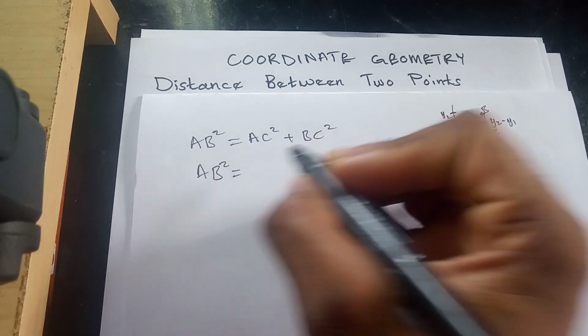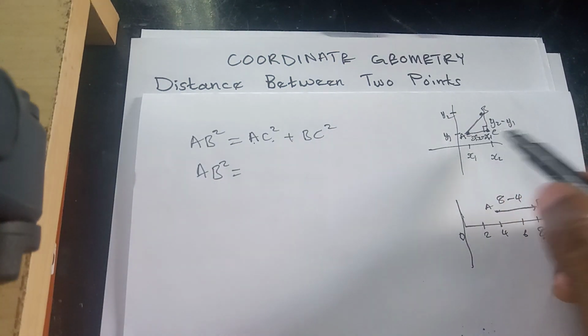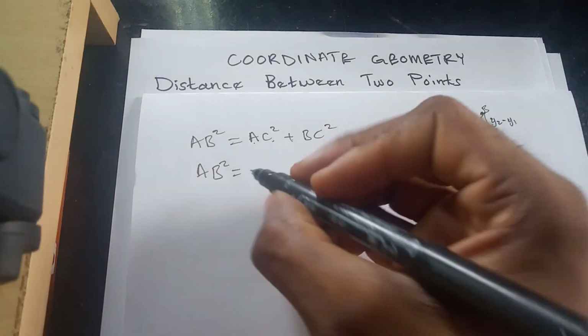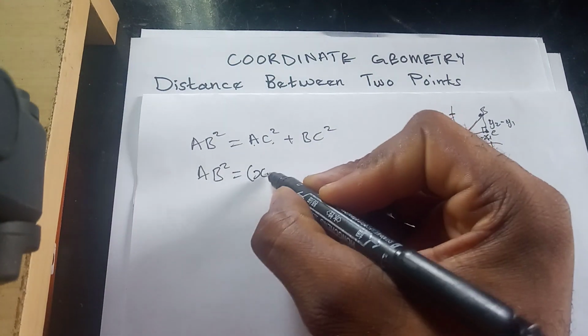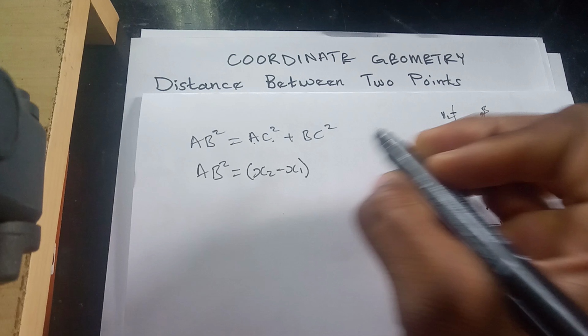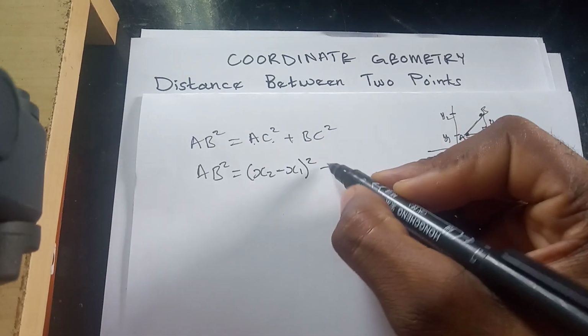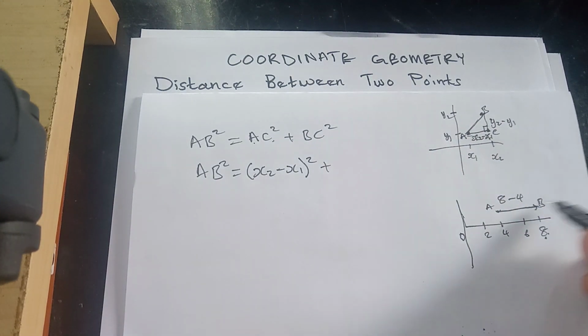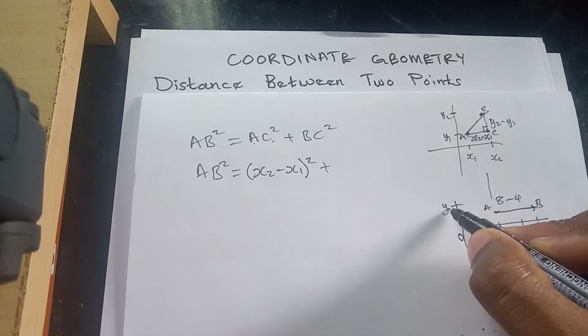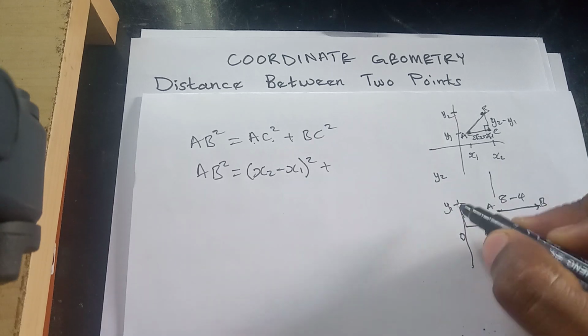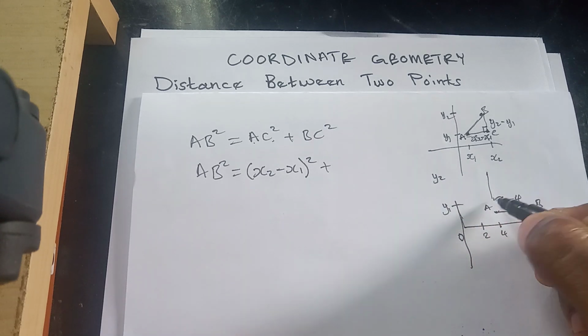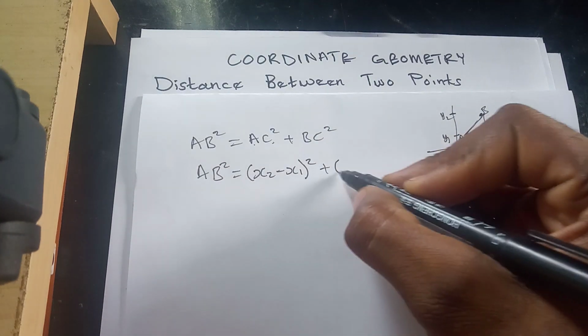So this is what will give us the formula. AB squared is equal to AC, which is simply x2 minus x1, so x2 minus x1 squared. And then BC, you apply the same reasoning on the y-axis. You start from y1, end on y2, then the distance from here to there will simply be y2 minus y1.